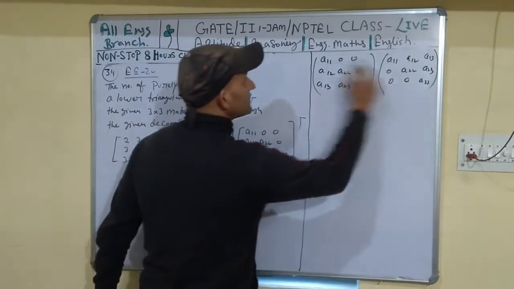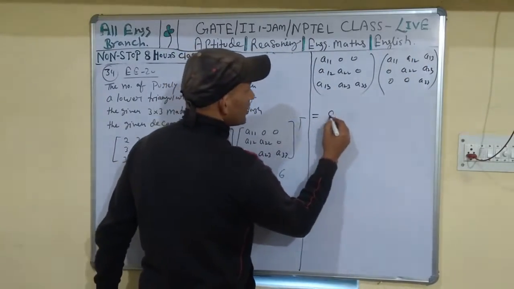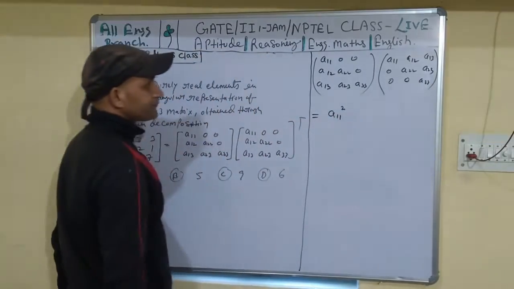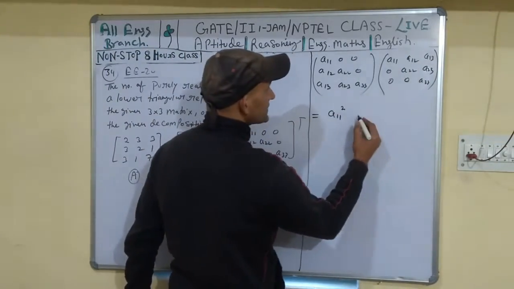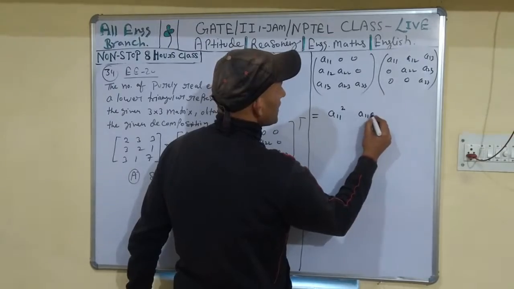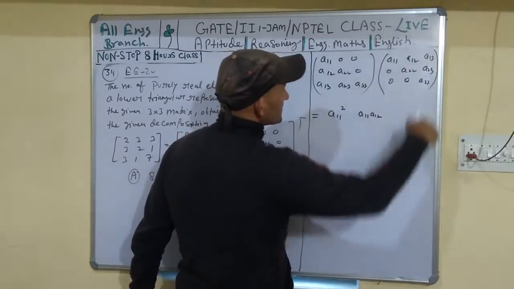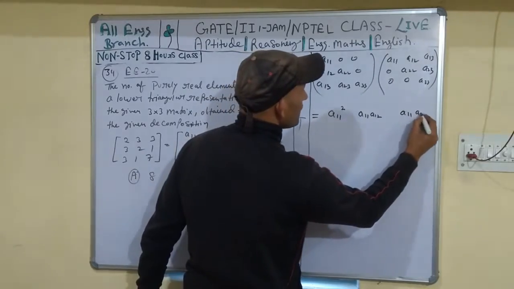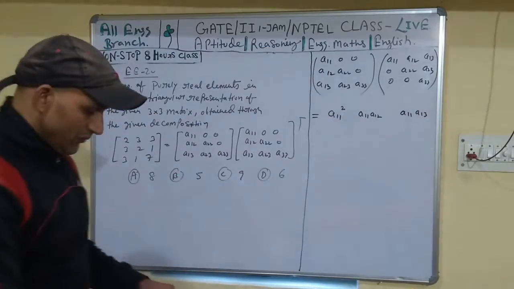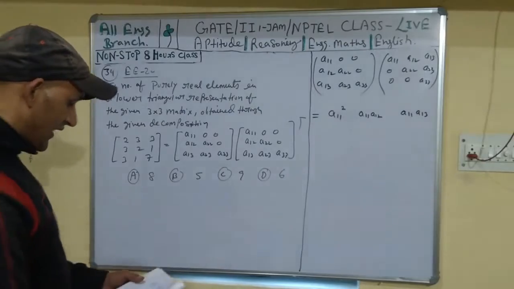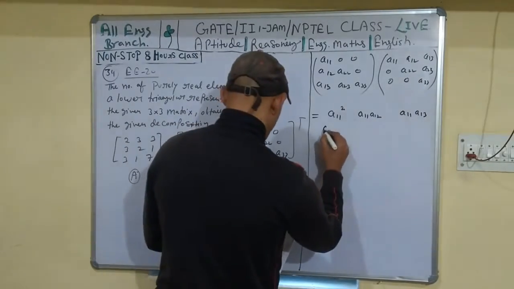Now you have to multiply this row and this column. Then you will get A11 square. Then you will multiply this and this, then you will get A11, A12. Then you multiply this and this, then A11, A13. Similarly, you will get such a result. I will write it, not to waste your time.